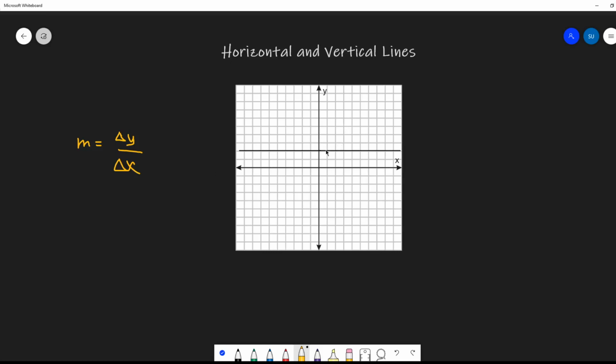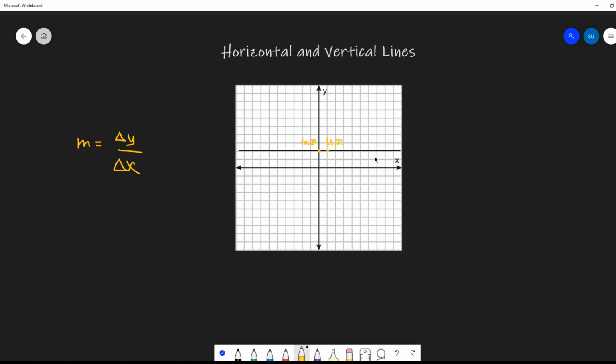Now, let's take 2 points anyways and try to do this. So I'll use one right here, assuming we're going by intervals of 1. This is going to be 0, 2. And we'll use 1, 2.